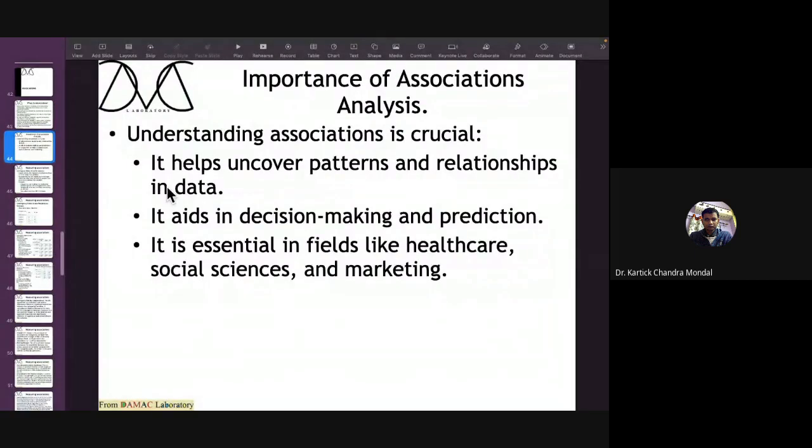If we can prevent those associations, then we can give a solution to cure that disease. There are many other applications where we can use associations.